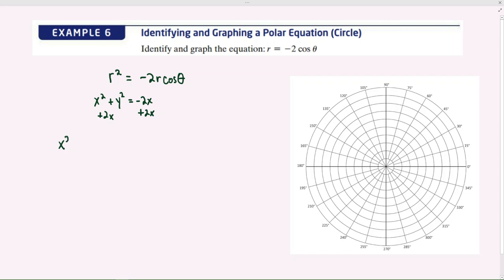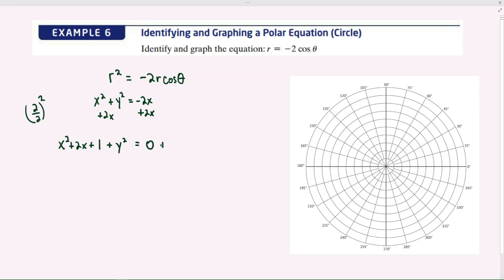So we've got x squared plus 2x plus y squared equals 0. Left a little room here so we can complete the square. So if I take the positive 2, divide by 2, and square it, I get the part I need to add. Okay, so it's going to be plus 1.